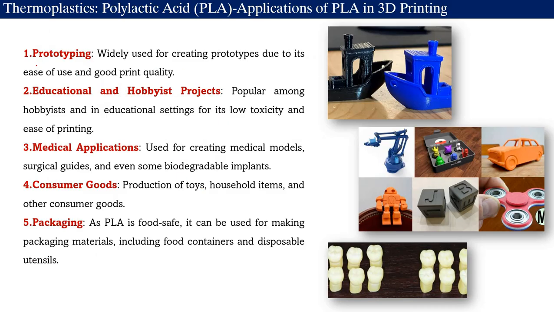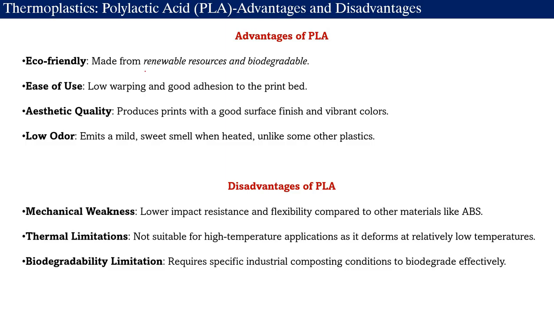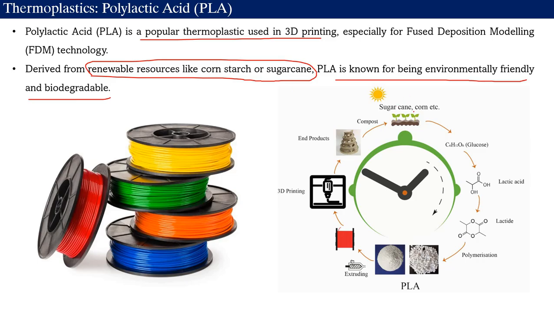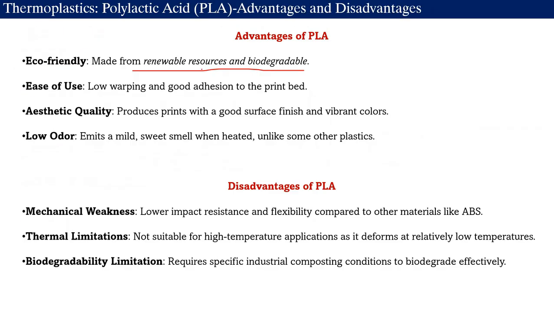Then the applications are prototyping, educational and hobby projects, medical applications, consumer goods, and packaging. So all the applications are here. Advantages are eco-friendly, since this is prepared from sugarcane or corn, so it is biodegradable, ease of use, aesthetic quality, and low odor.